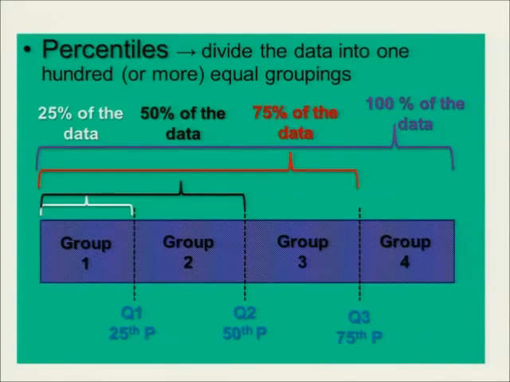And then 100% of the data, which I've marked with purple, is our whole set of data. The whole set of data contributes 100%. The 25th percentile contributes 25% of the data. The 50th percentile has 50% of the data. The 75th percentile has 75% of the data.